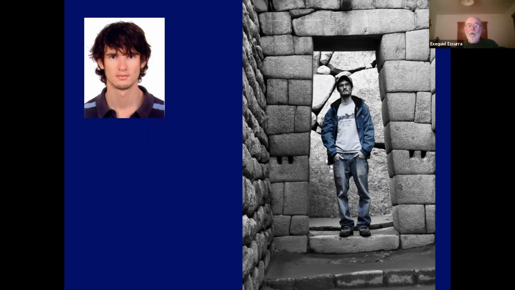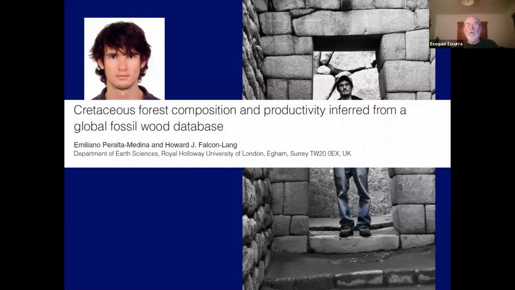He did a wonderful project that led to the publication of his thesis in the form of a very, very influential paper, a paper that made a big splash in the scientific environment, called Cretaceous Forest Composition, Inferred from a Global Fossil Wood Database.